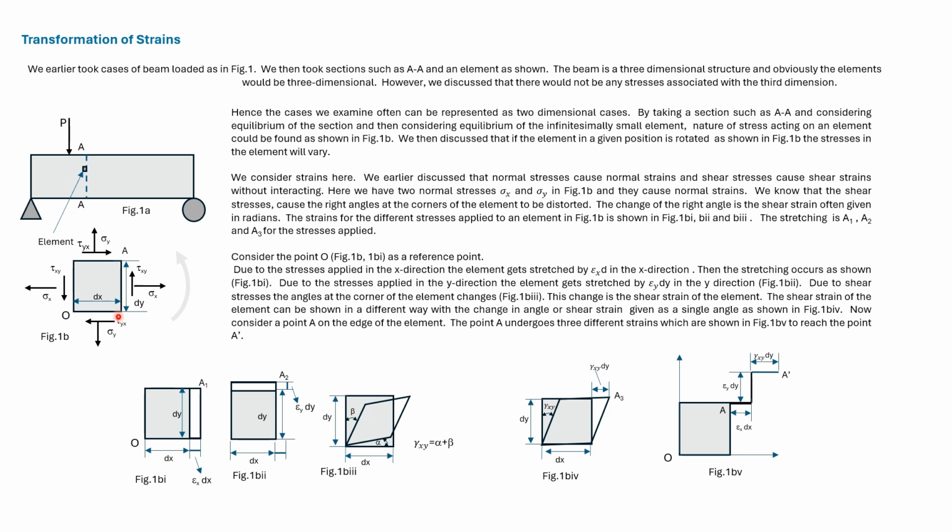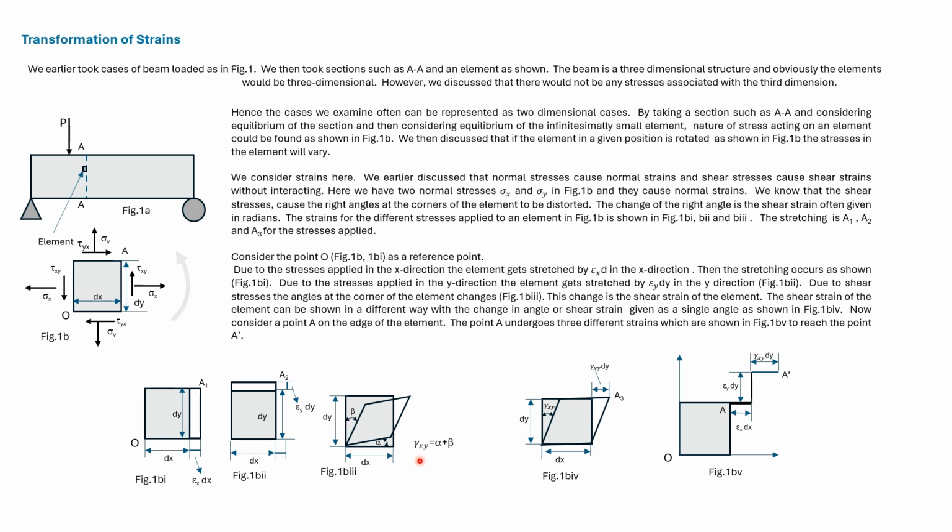The corners of this element are right angles, so the corner at O is a right angle. One can physically see that due to the shear stresses acting, the element will distort in this manner. So the angle at O will no longer be a right angle. It will reduce by alpha plus beta.